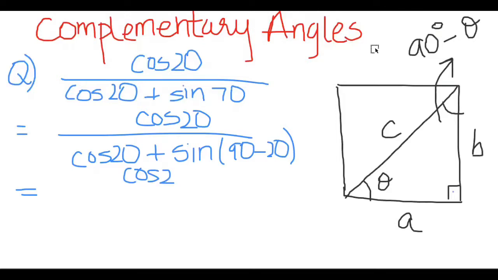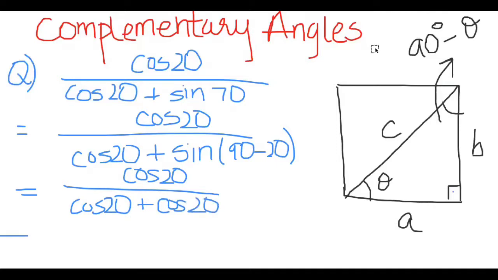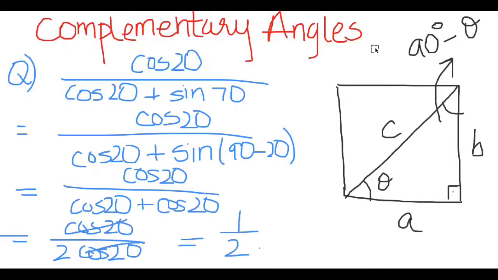The denominator will be cos 20 plus cos 20 again, making 2 cos 20. And when we have cos 20 over 2 cos 20, these can cancel out and we'll be left with half. That's how you use these identities.